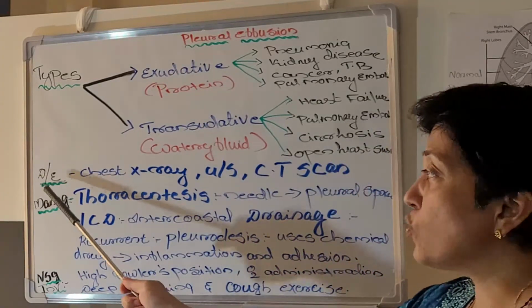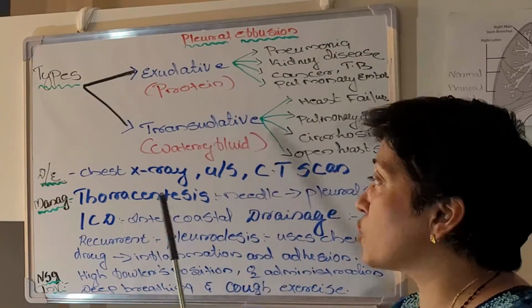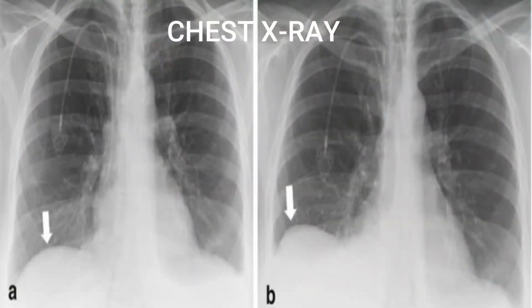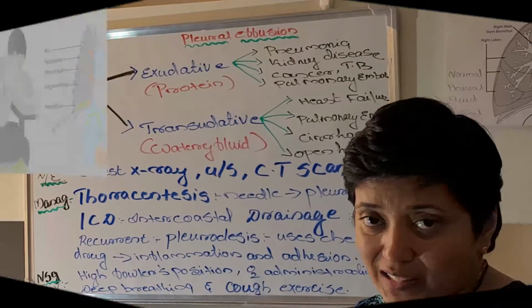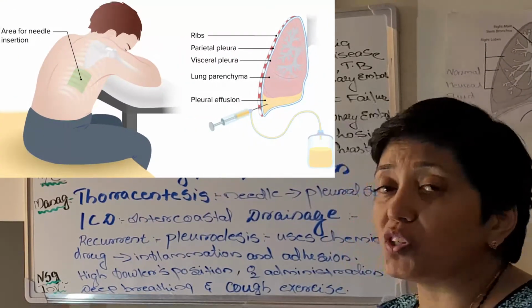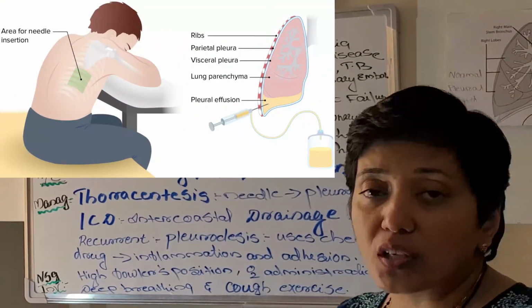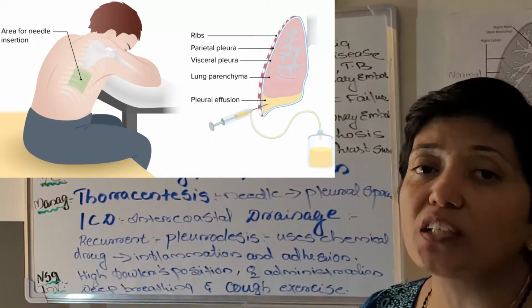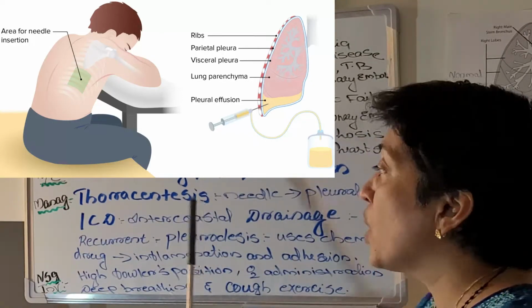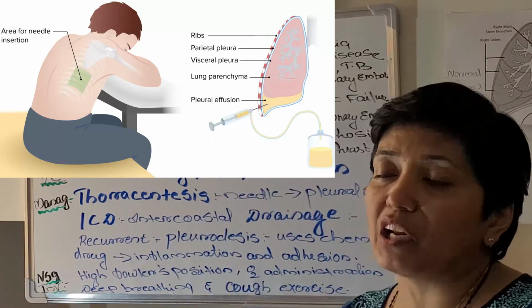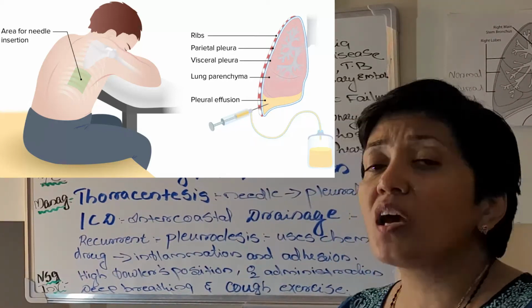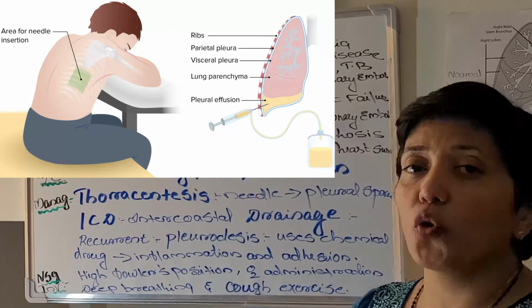The diagnostic evaluation for pleural effusion is chest x-ray, ultrasound and CT scan. Management is mainly thoracentesis. Thoracentesis is a sterile procedure in which a needle is inserted into the pleural space. Which side the needle has to be inserted will be decided by the doctors depending upon the fluid level.